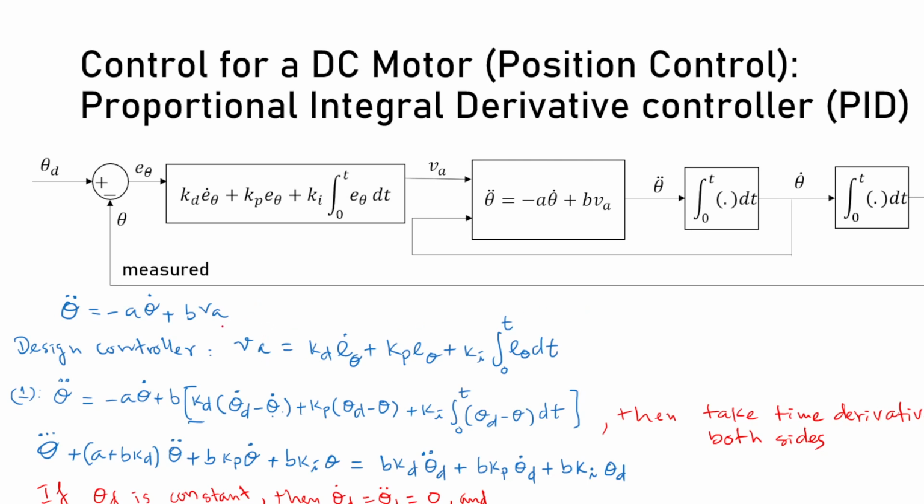Let's say we have disturbance here, and the disturbance still appears here. But when we take the time derivative on both sides, if the disturbance is constant, then it disappears here, right?